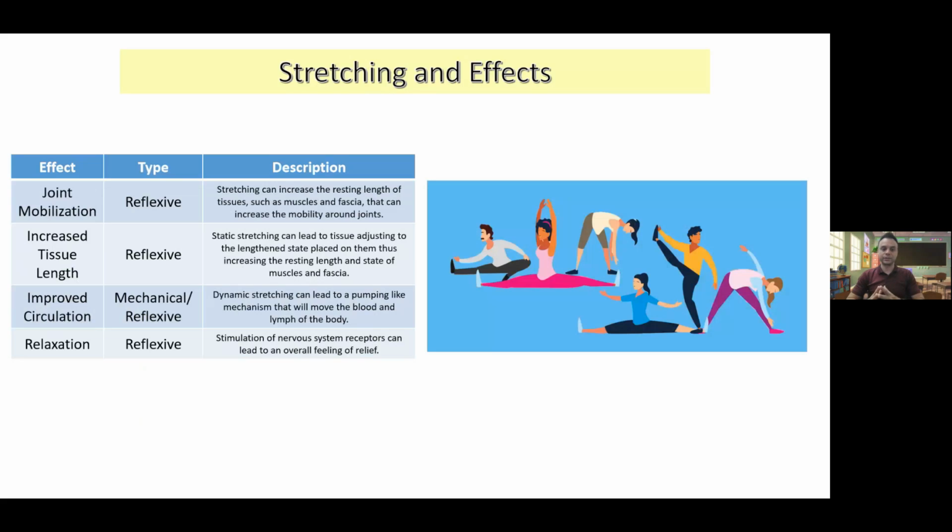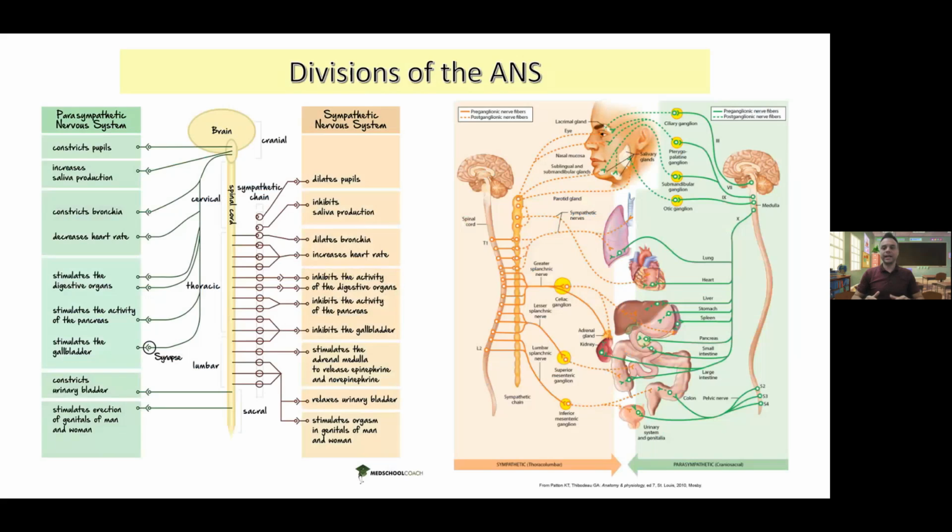By doing these deep stretches, we can activate those receptors and thus activate the parasympathetic response and feel nice and relaxed. So again, like we said, a lot of these effects and a lot of the benefits we see for the body are based off of the engagement of the parasympathetic nervous system.